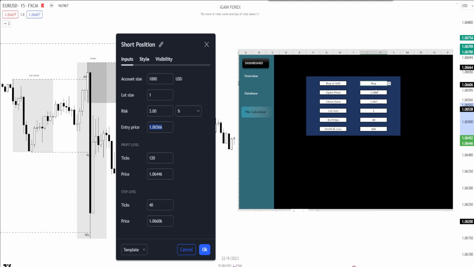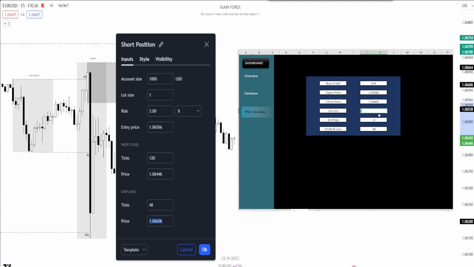So this is a sell, opening price. And then we base our risk on our stop level. As you can see, we have negative 4 pips, that's 4 pips only, and our lot size used is 1.